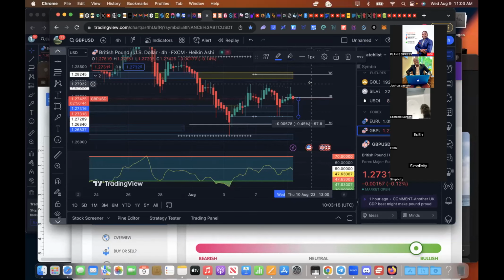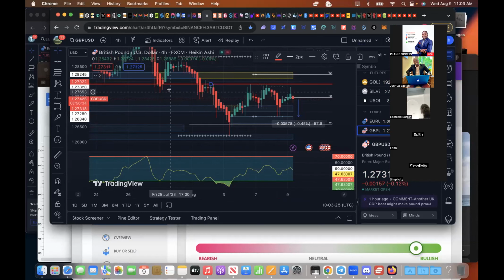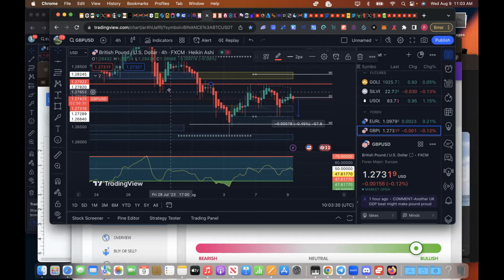Your stop loss should be here, let's say at about 1.280 for GBP USD. Before I continue, let me just do something. GBP USD, where are you?